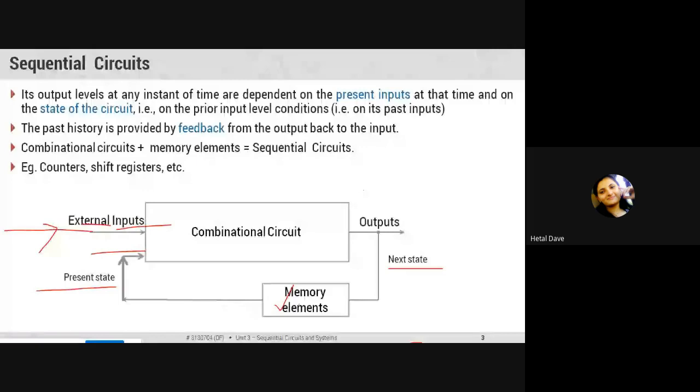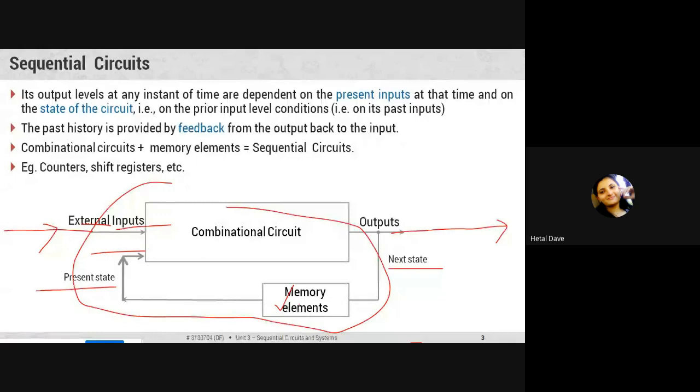This output will be given to the next external circuit, outside the circuit. This is called external output. Present state and next state remain within the circuit. External input comes from an external circuit, output is given to an external circuit, while present state and next state remain within the circuit itself.